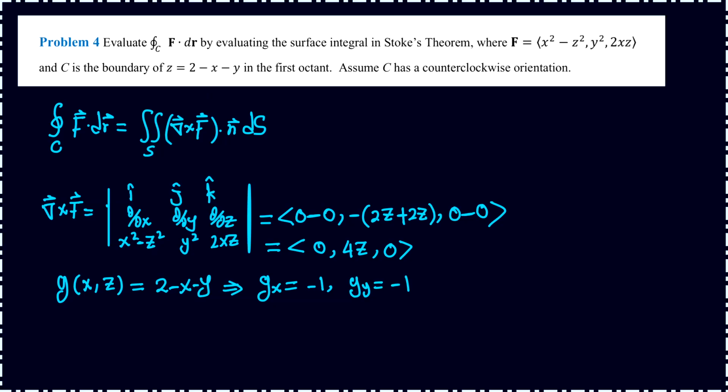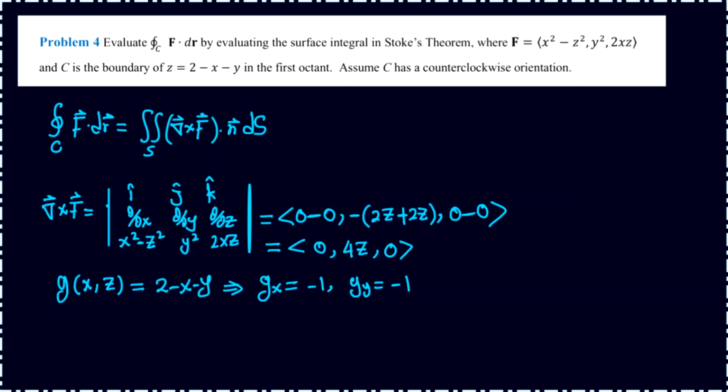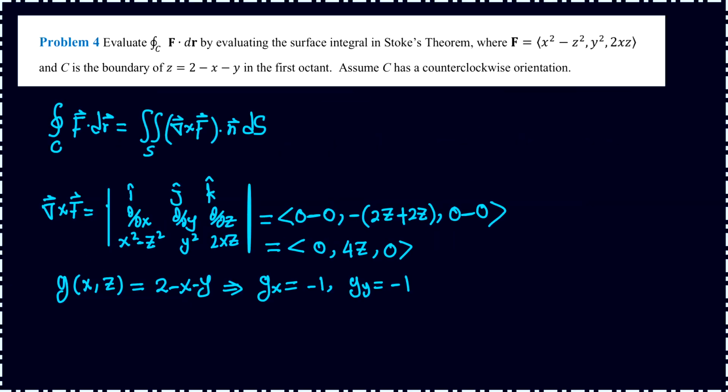All right, so let's set up this surface integral. Let's just call it I. It is going to be the double integral over the region in the xy plane of the curl. Okay, so the curl is 0, 2z, 0.